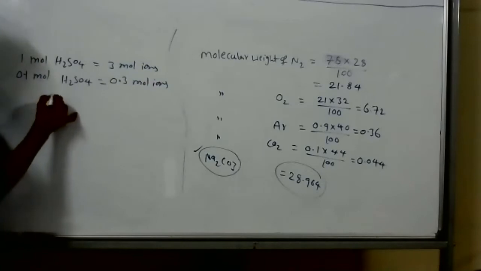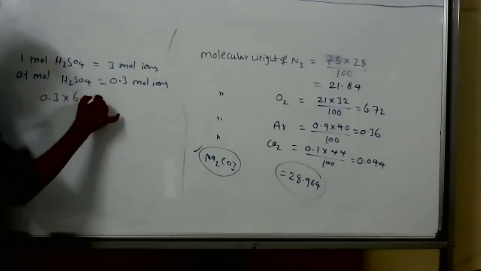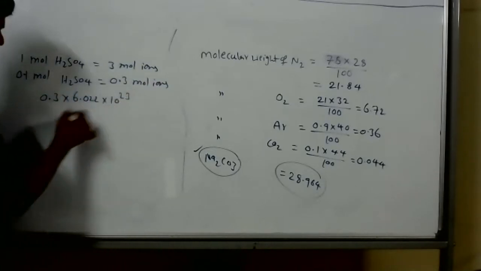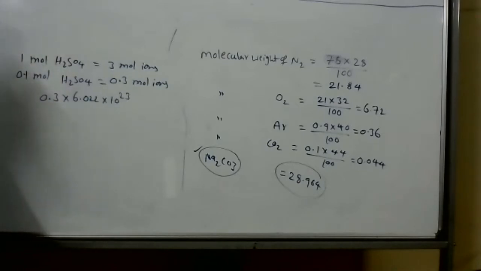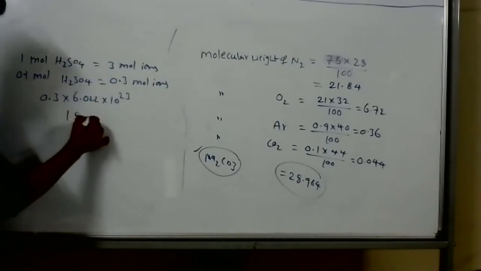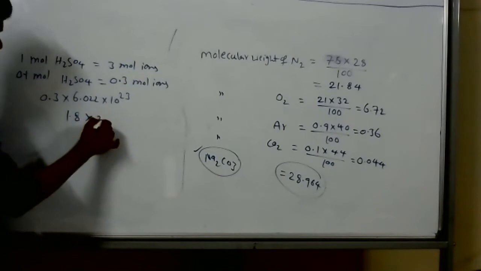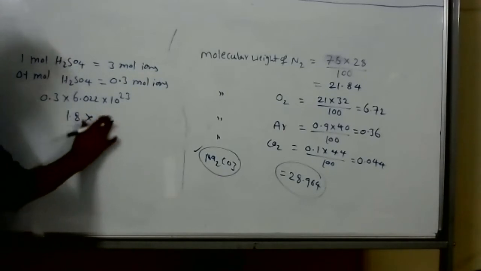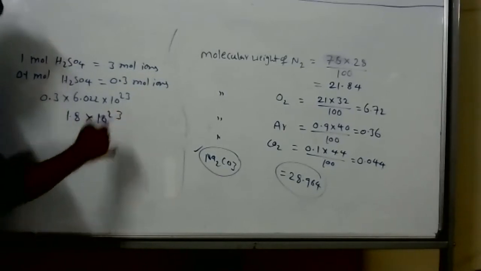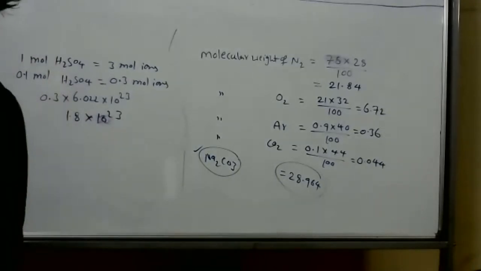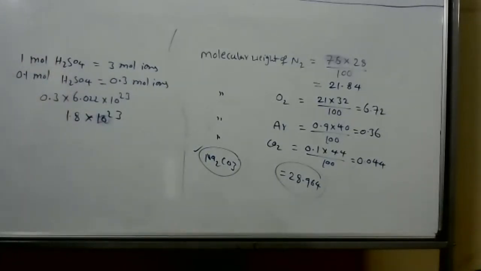So 0.3 into Avogadro number is approximately 1.8 into 10 power 23. Yes, option D is correct.